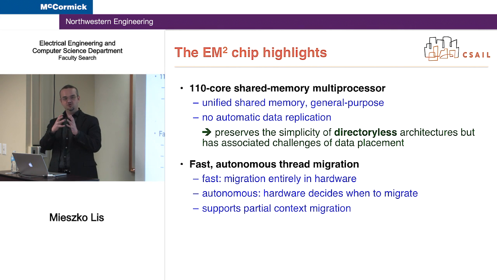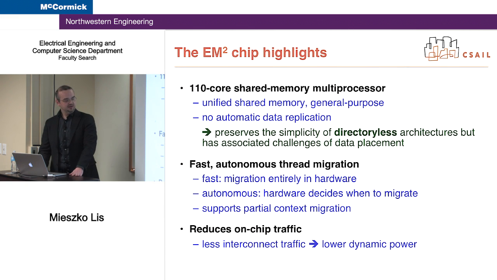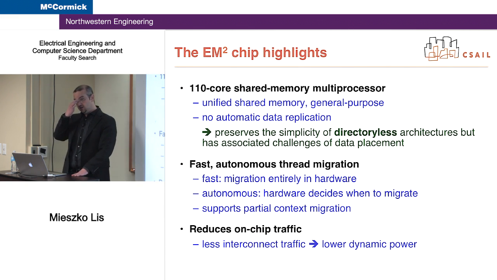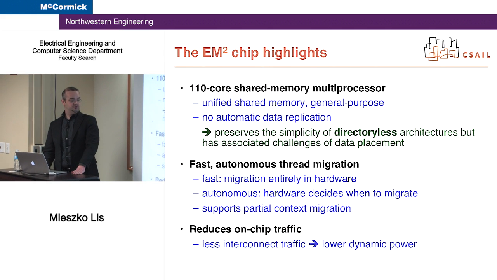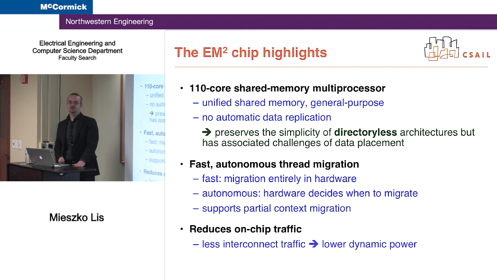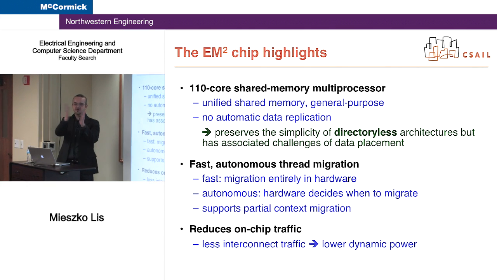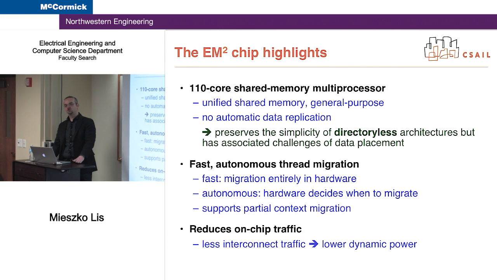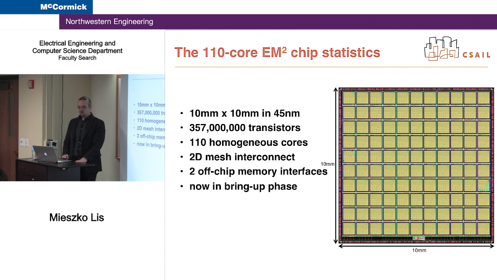When you want to move a thread, you only move the portion that you expect will be used remotely. As an effect, we significantly reduce interconnect traffic on some of the benchmarks, because instead of moving the data to where the computation is, which often is a lot more data, you're moving the computation, which is often smaller, to the data, and making sure you amortize that over time.